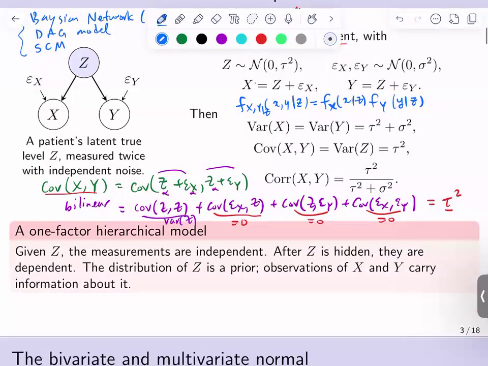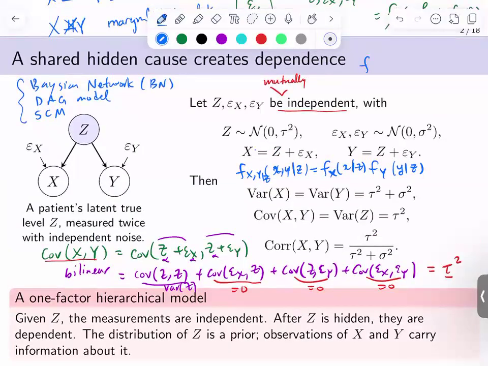Conditional independence has the same meaning as independence, but the factorization appears in the conditional distribution. So the conditional density of x and y given z would factorize. This is always true in this model. But the marginal distribution does not.